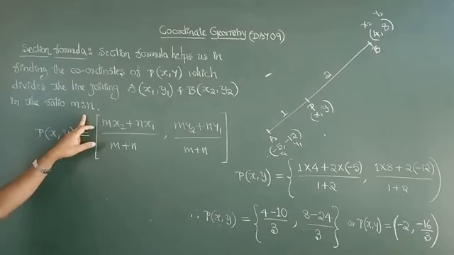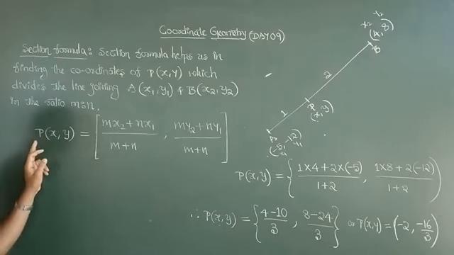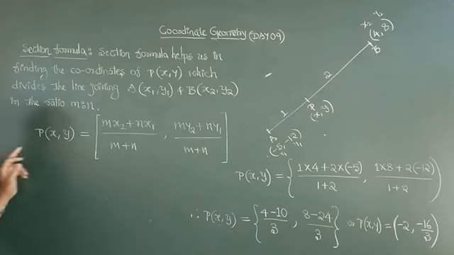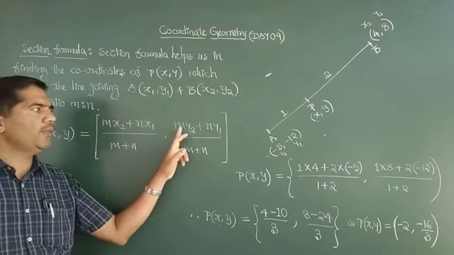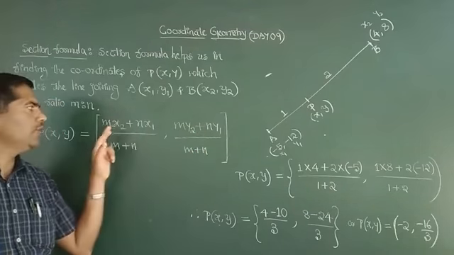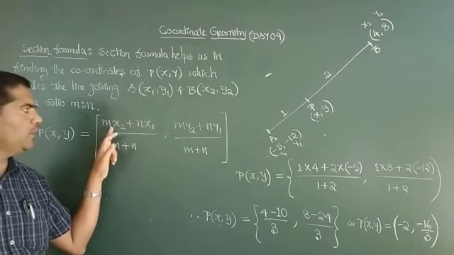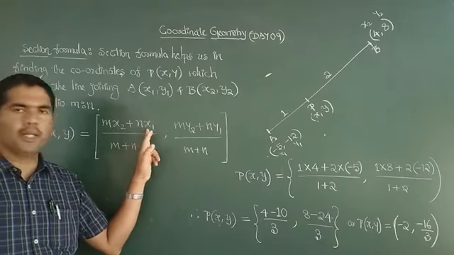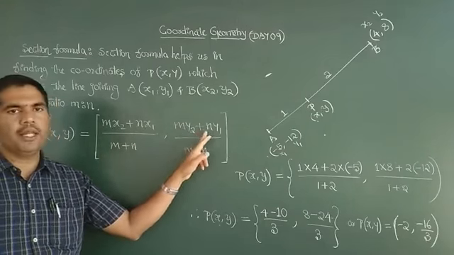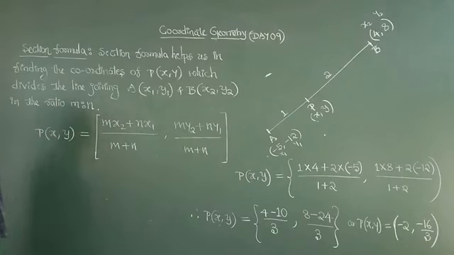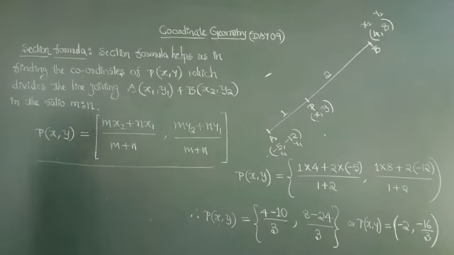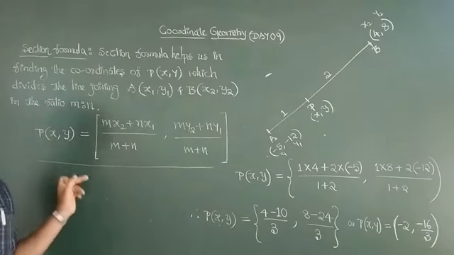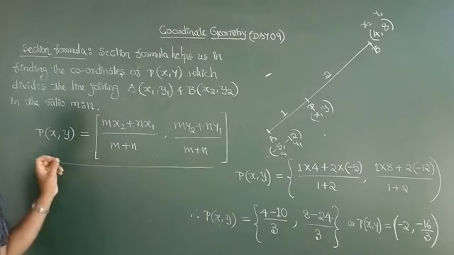Then the section formula becomes: point P, its coordinates x and y equal to (mx2 plus nx1) by (m plus n), (my2 plus ny1) by (m plus n). See here, mx2 means m into x2, n into x1, here m into y2, n into y1, like that. So this formula will enable us to find the coordinates of the point which is dividing a given line segment.